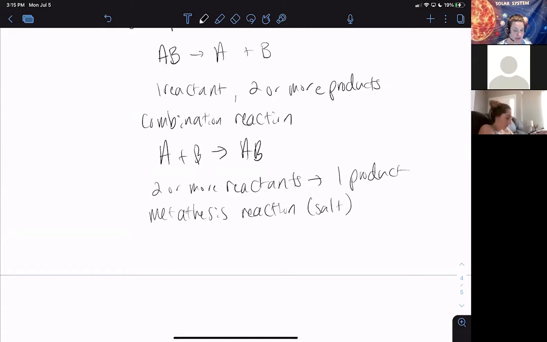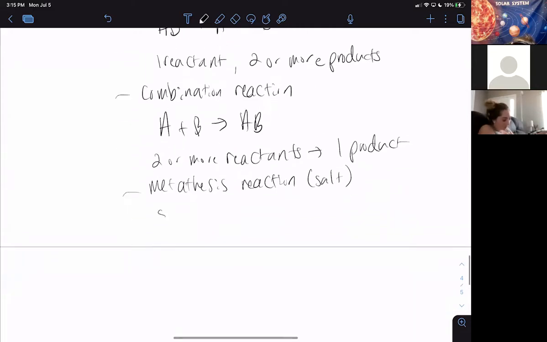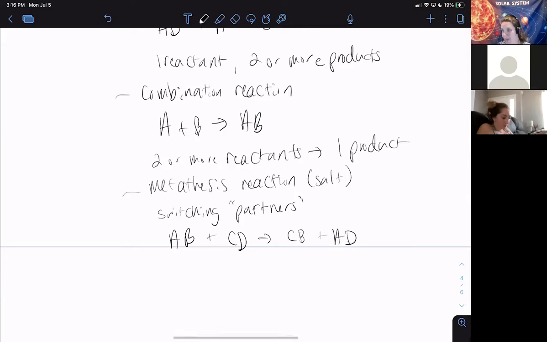With metathesis reactions, you are essentially just switching partners. So AB plus CD goes to CB plus AD, something like that. This is called a double replacement reaction as well.